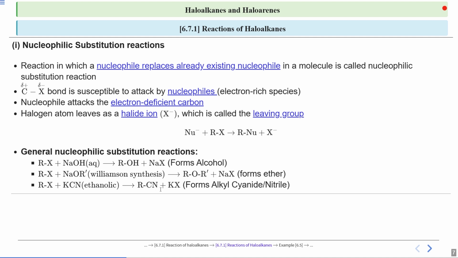Here CN negative acts as the nucleophile and attacks the electron-deficient carbon at which the halogen is bonded, replacing the halogen. The halide ion is removed and attaches with potassium to form potassium halide. These are some general nucleophilic substitution reactions that haloalkanes show.